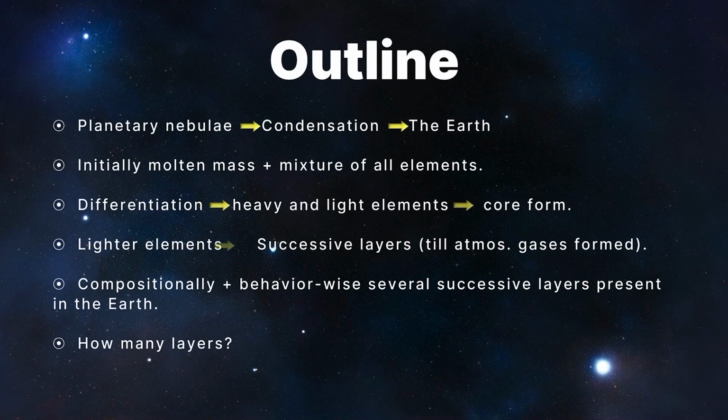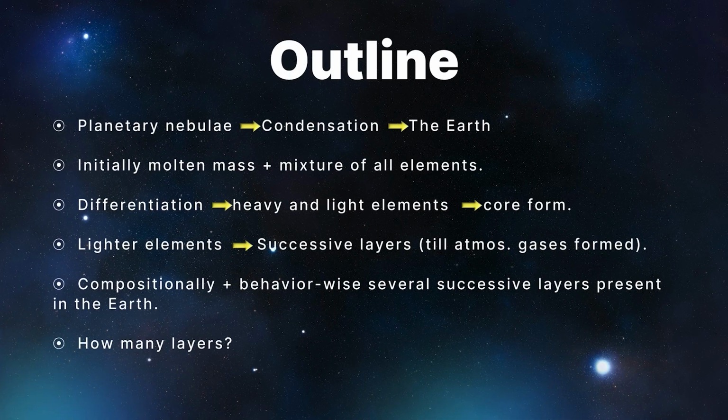As you understand very well, the earth that you see today is not in its original form. Earlier the earth was in the form of a nebula, a planetary nebula, and this nebula underwent a condensation process. As a result, the earth was formed.